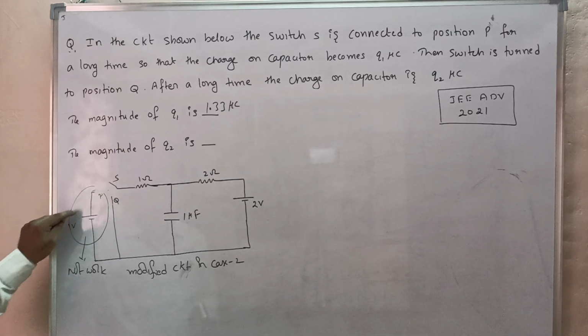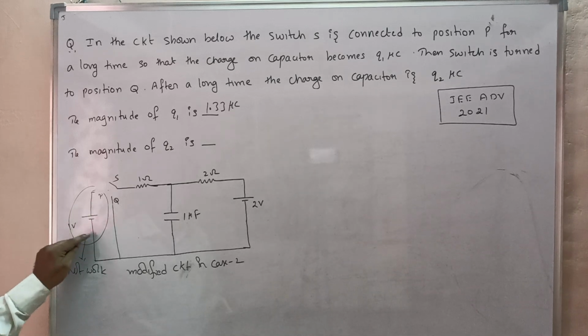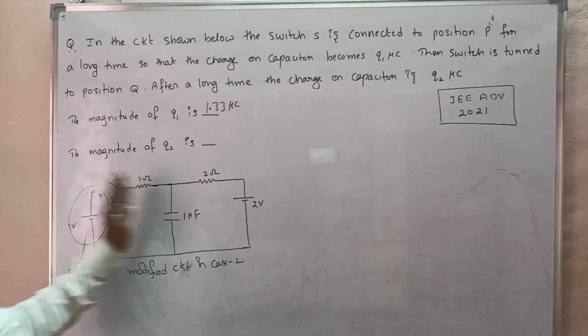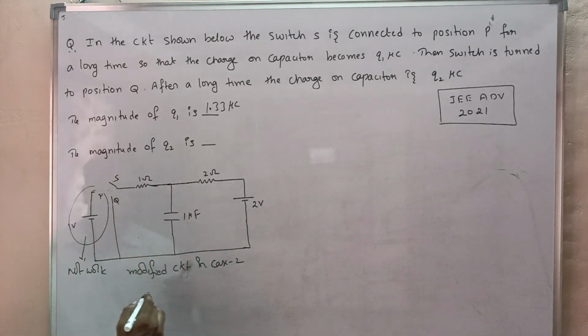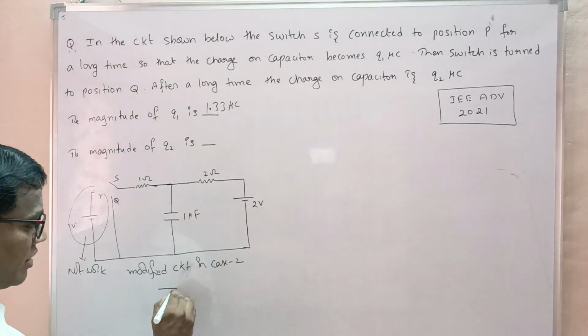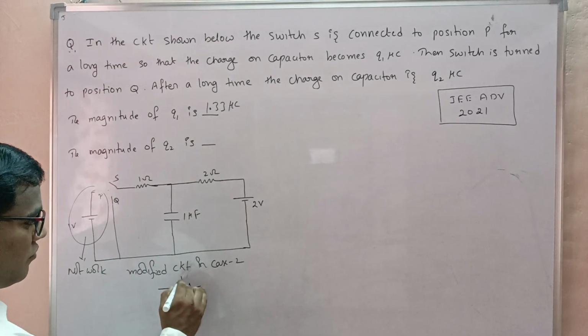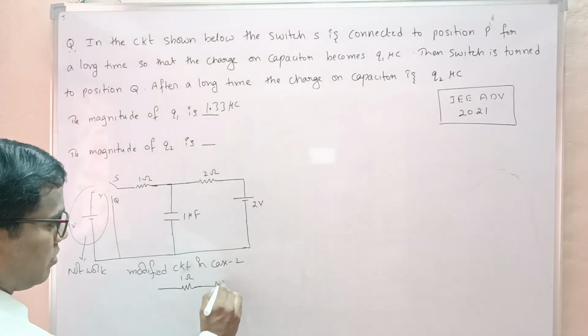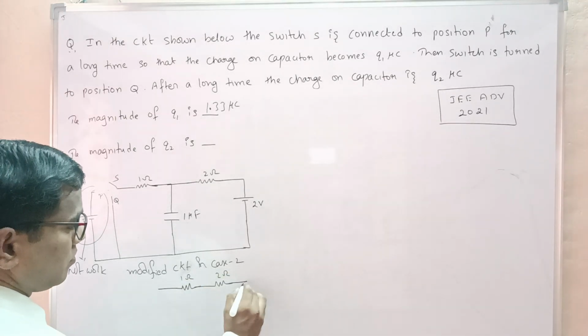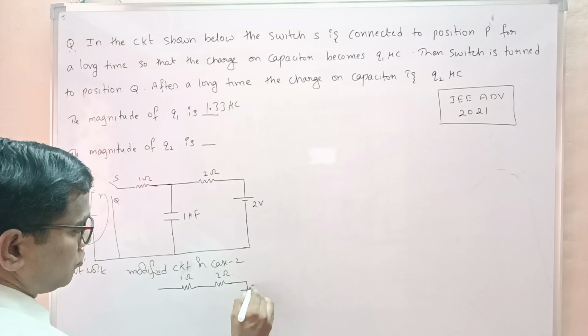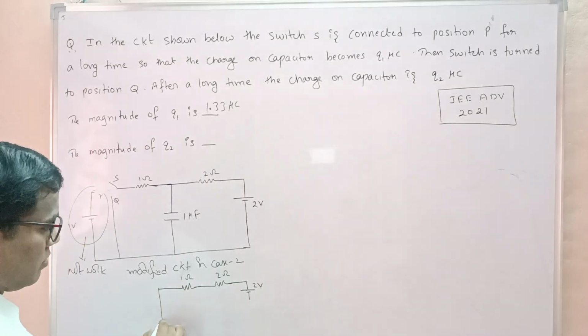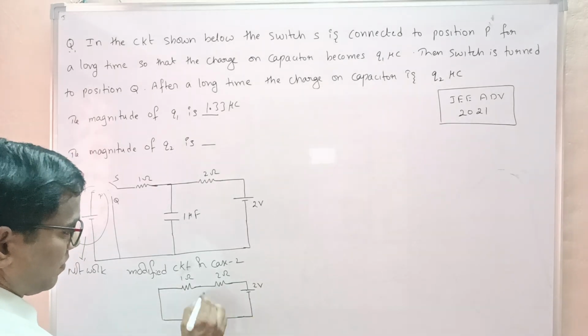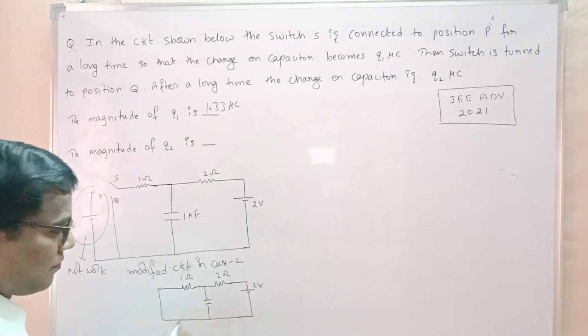When it is open, this potential will not act in the circuit. So now here I will write the modified circuit as 1 ohm, 2 ohm, 2 volt, this one, and the capacitor is 1 mF.